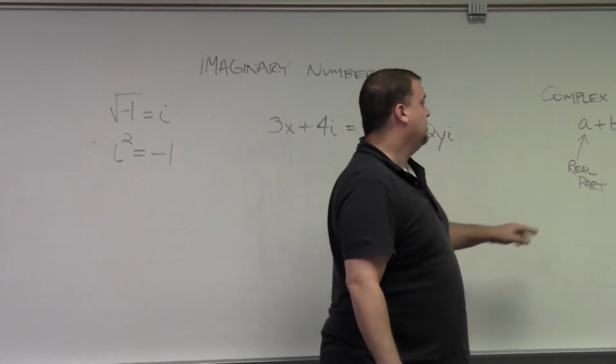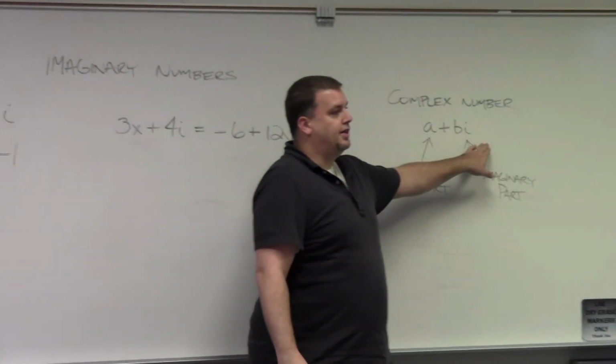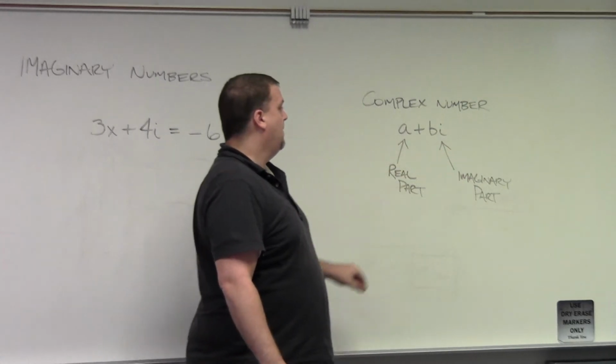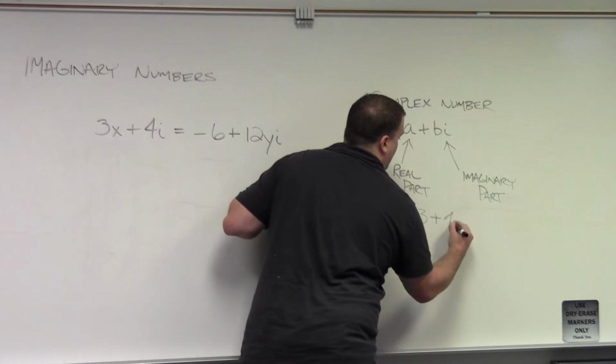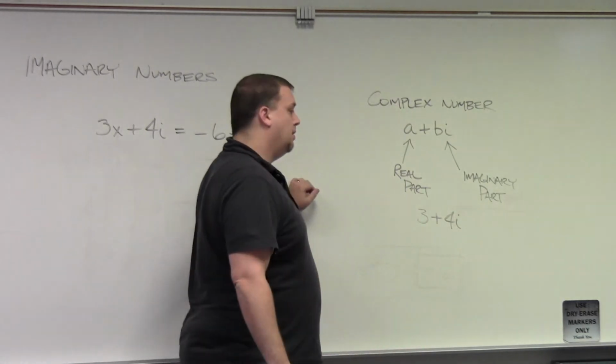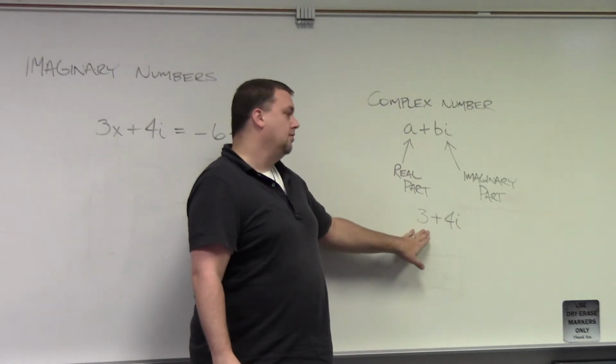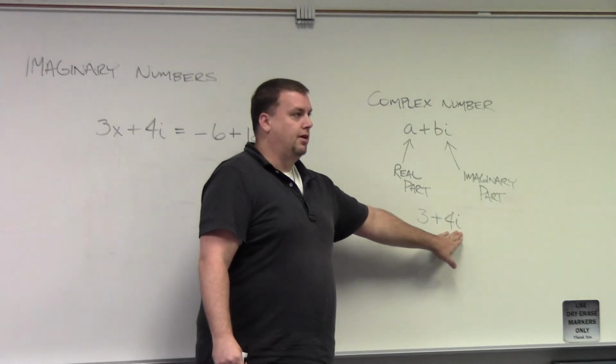So basically a complex number is a real number plus an imaginary component. So if I had something like 3 plus 4i, that would be a complex number. The 3 would be the real part, the 4i would be the imaginary part.